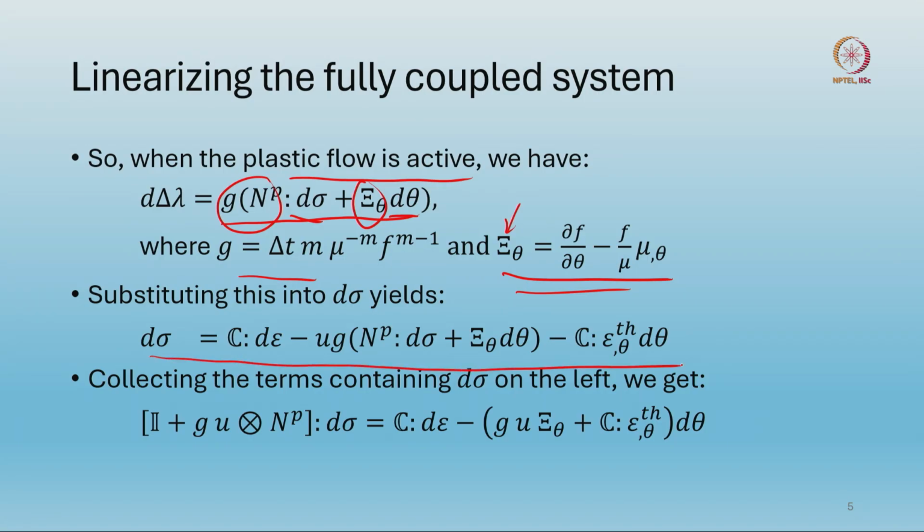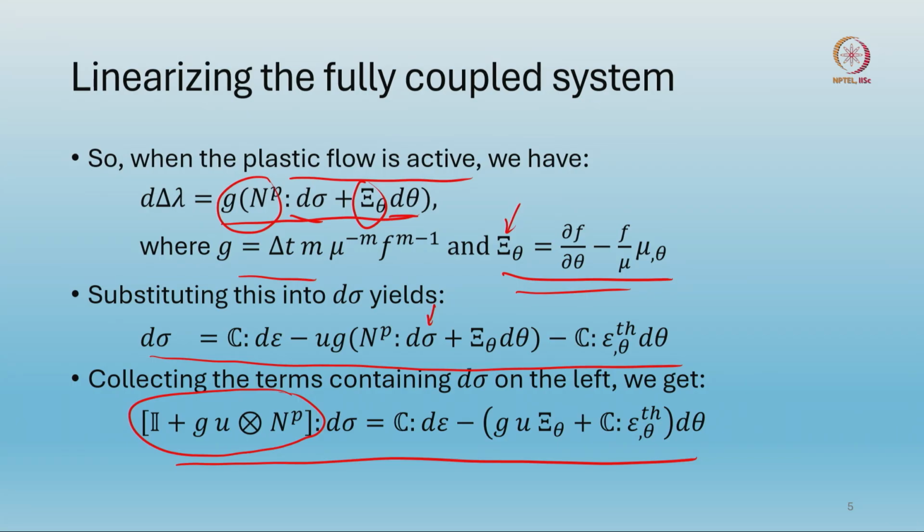You see that d sigma appears on the right hand side also. So we need to take it on the left hand side, and arranging this way we write the same expression in this manner. So this coefficient matrix of d sigma has to be inverted if you want to write an expression for d sigma.